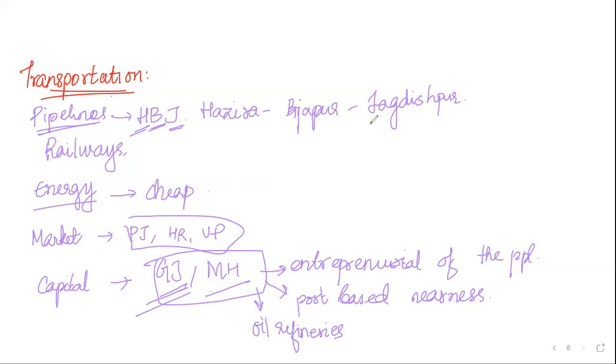Apart from all of this, the final factor with respect to the fertilizer industry is government policy. What is government policy here? Government policy means the government tries to give subsidies on fertilizers.